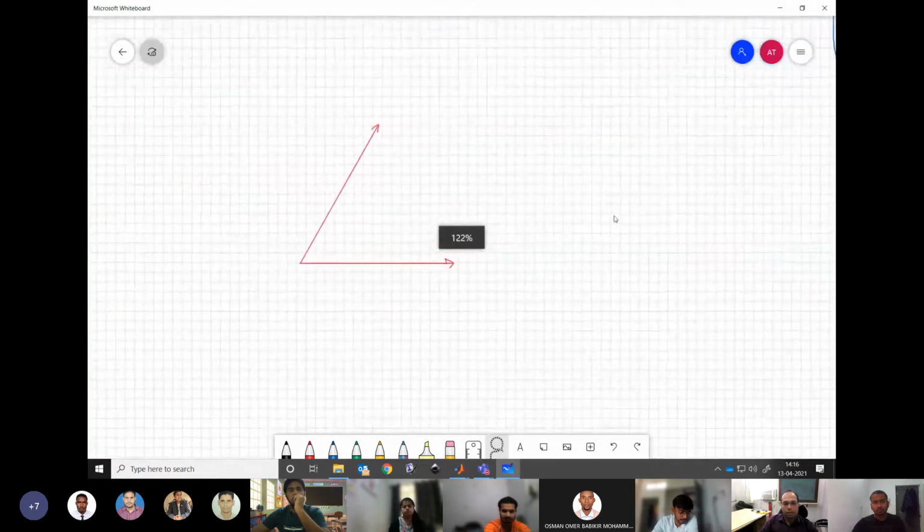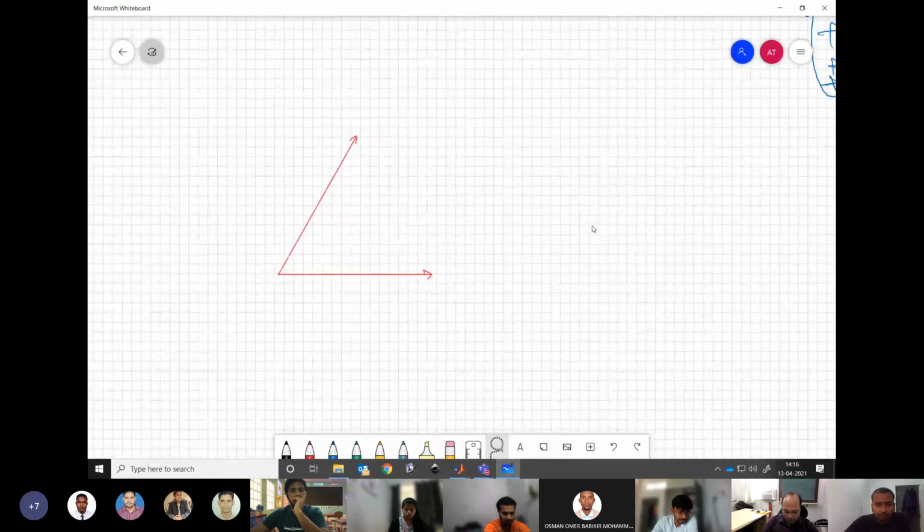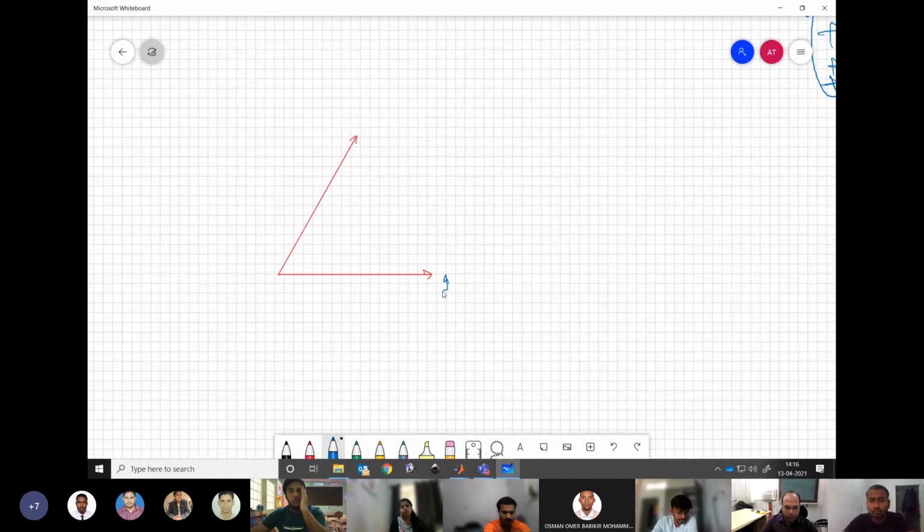So let's say this is sector 1, which we are taking as an example to understand how different sequences are operating and what they are doing.